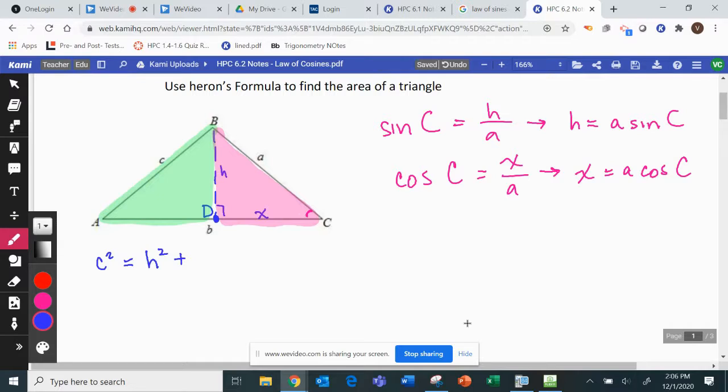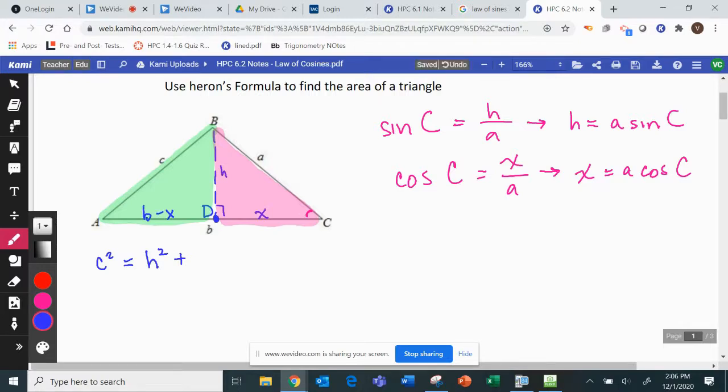I do not have a variable for this bottom side. The entire length is b. The right portion is x. I'm going to call this one b minus x.